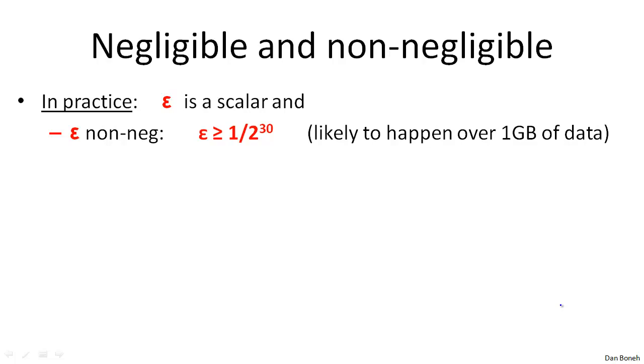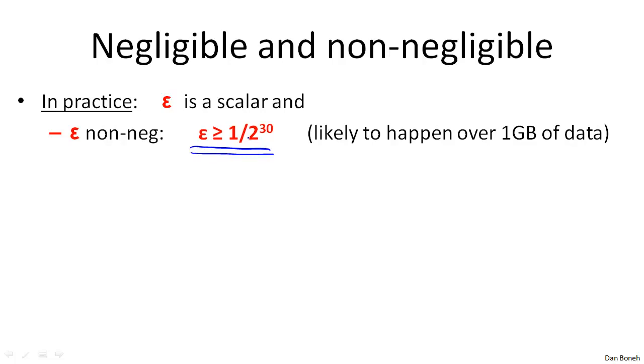For practitioners, basically the terms negligible and non-negligible are just particular scalars that are used in the definition. So for example, a practitioner would say that if a value is more than 1 over a billion, 1 over 2 to the 30, we say that the value is non-negligible.